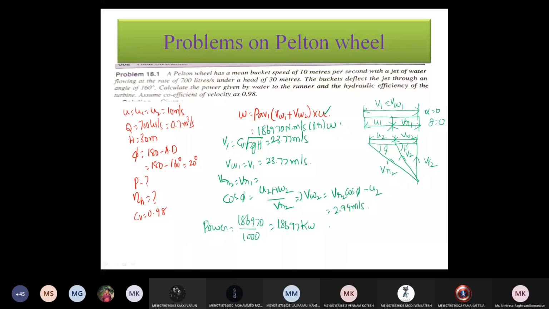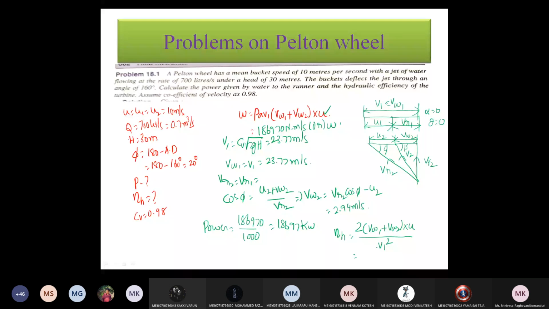So how to find the hydraulic efficiency? The formula is 2 into (VW1 plus VW2) into U by V1 square.